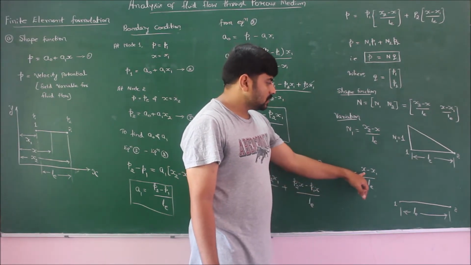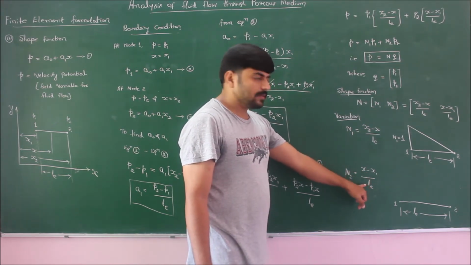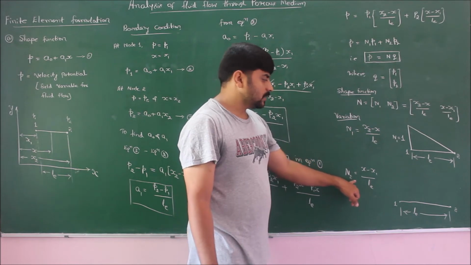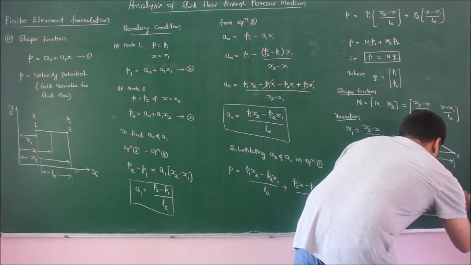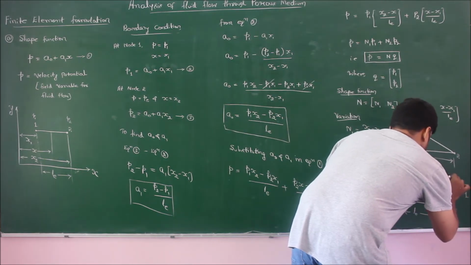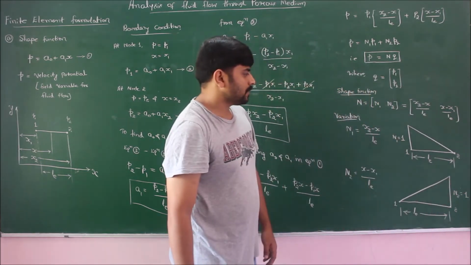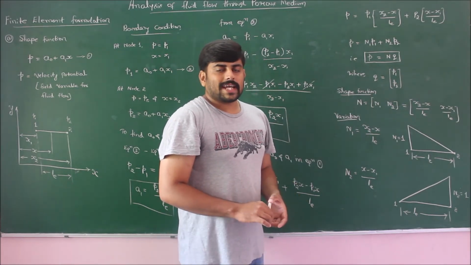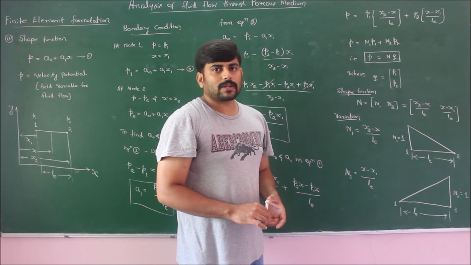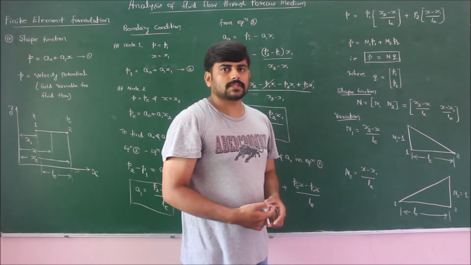So if I substitute x2, x2 minus x1 is length of the element. So length of the element divided by length of the element will give us N2 as unity. So therefore N2 is equal to 1 at node 2 and 0 at node 1. The variation is linear. So this completes the expression for shape functions for analysis of fluid flow through porous medium and the variation of shape functions.